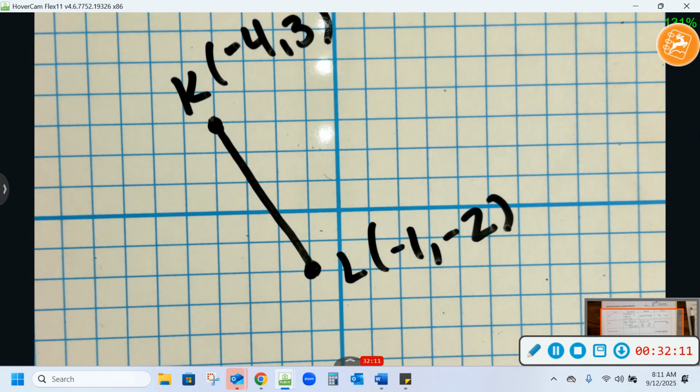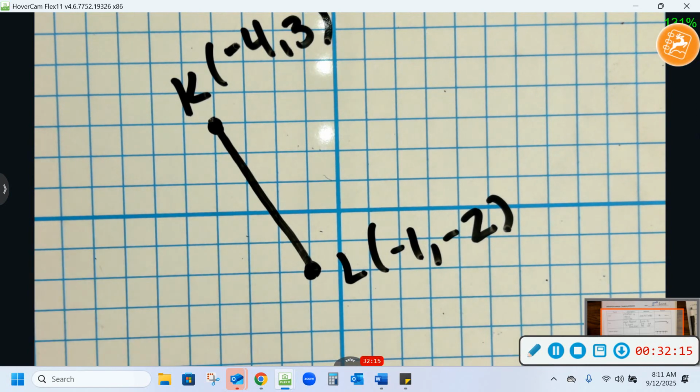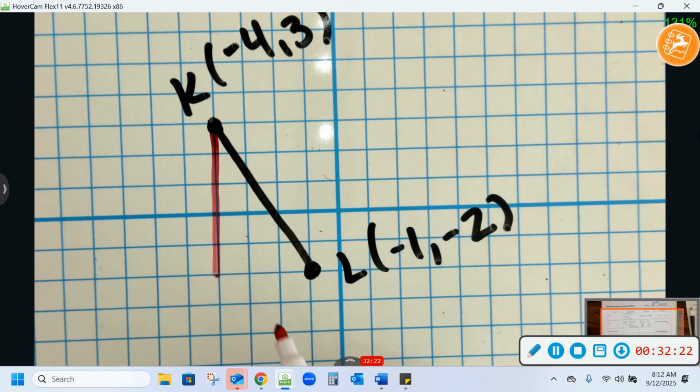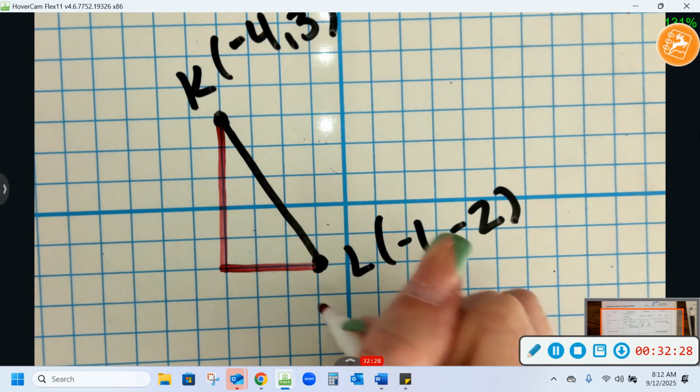So, watch. Here's this slanted line. How in the world could I figure out how long it is? The whole reason the Pythagorean theorem was discovered was to find distance.